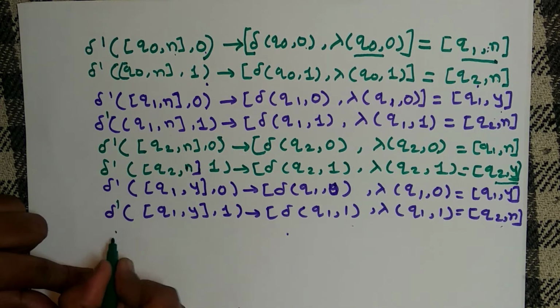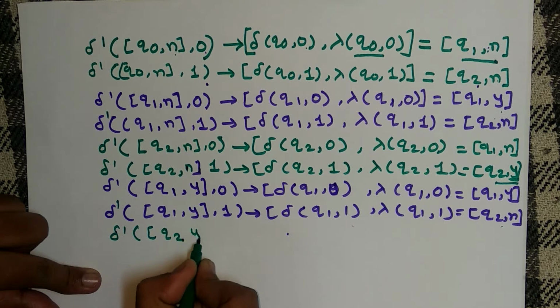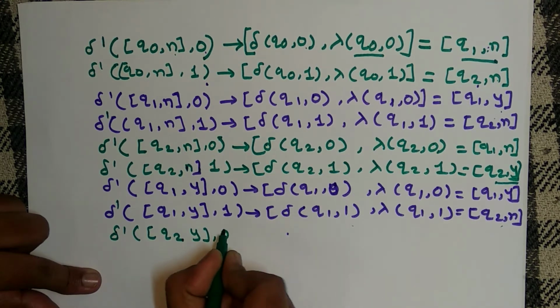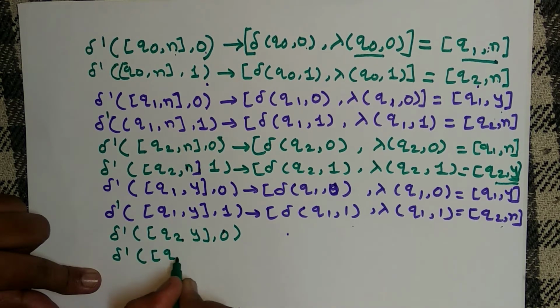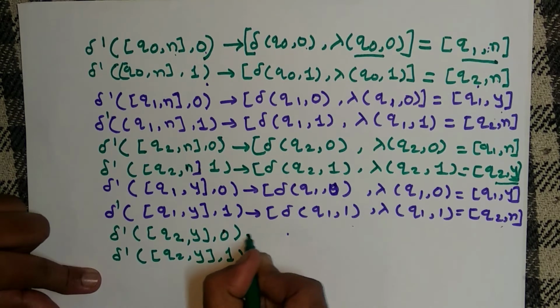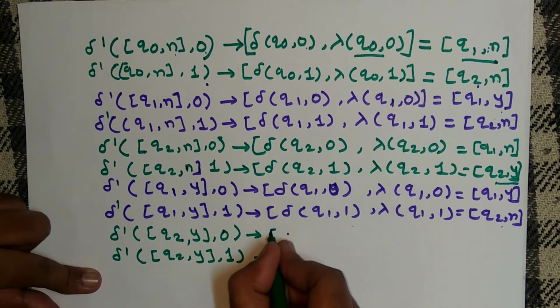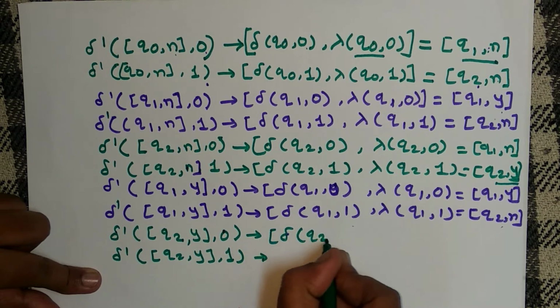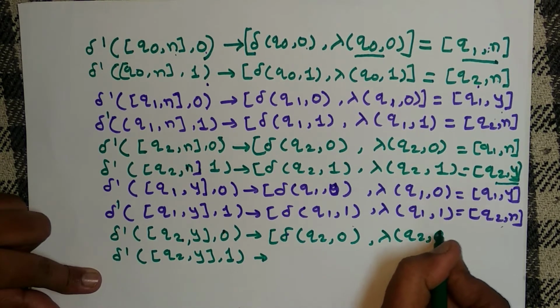Check delta dash over Q2y for the input 0 and delta dash for Q2y over the input 1. See, Q2y over 0: delta of Q2 over 0 and lambda of Q2 over 0.